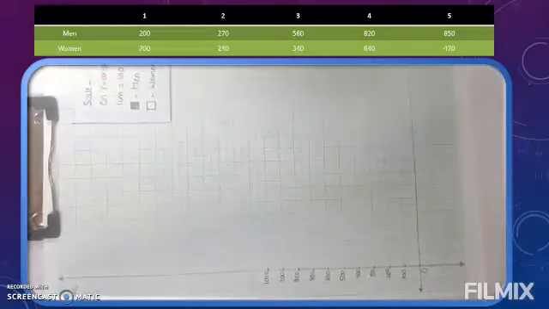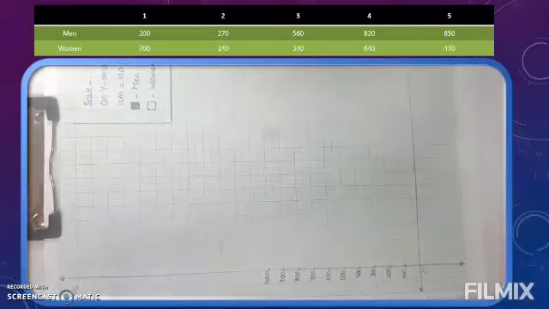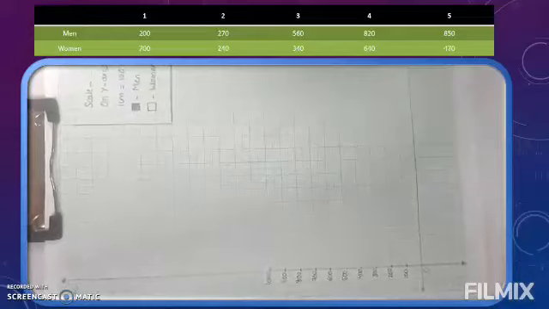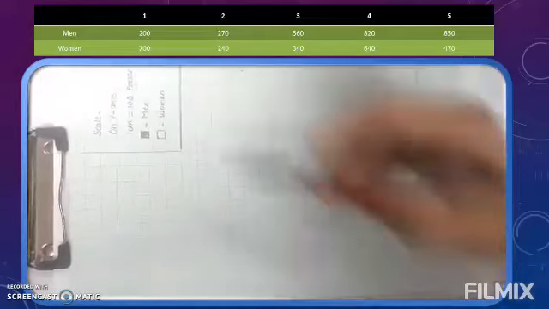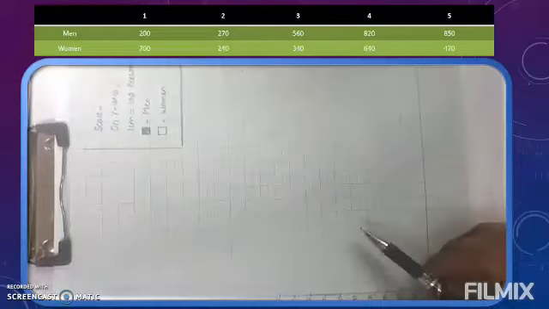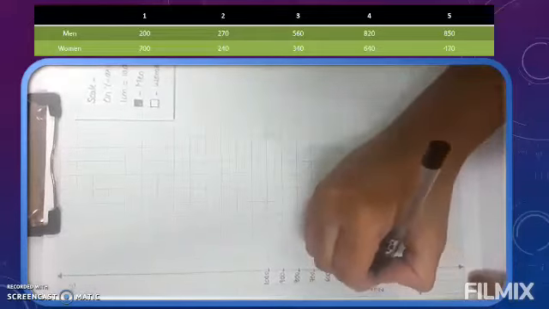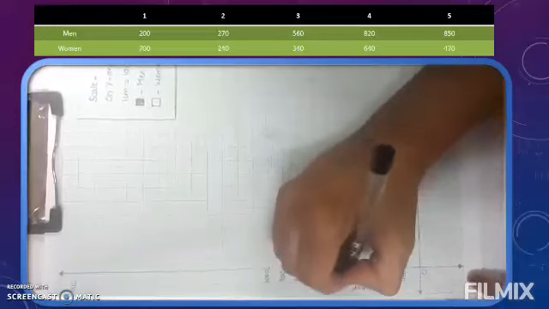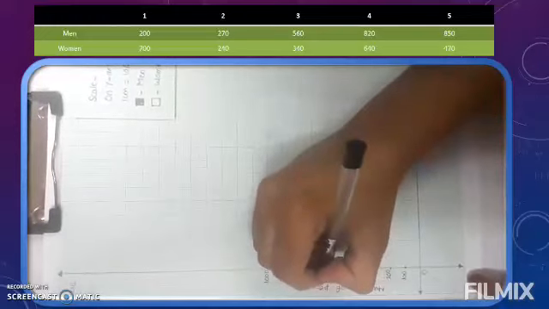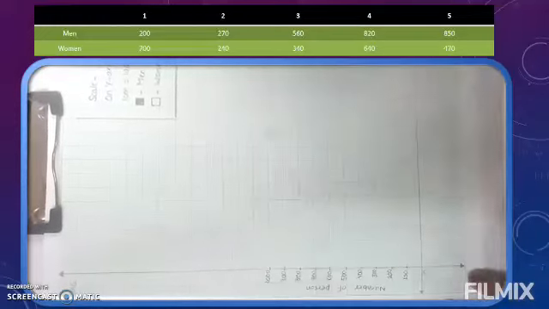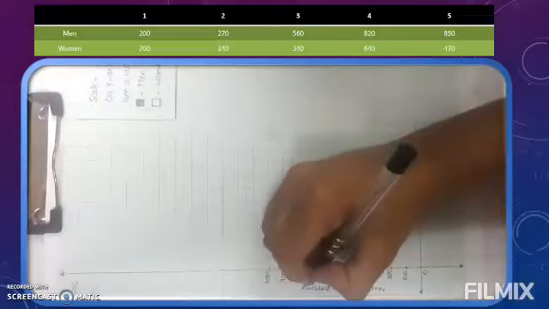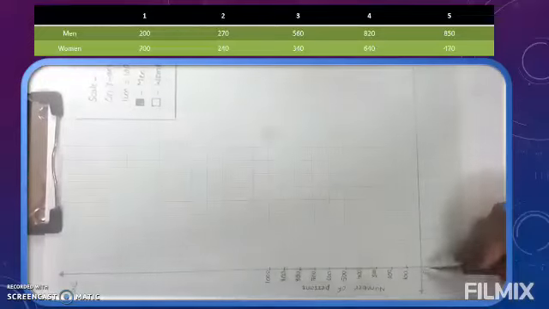Now these numbers are representing what? Man and woman, and here also we wrote persons. So here we will write number of persons. Clear? Now we'll start.